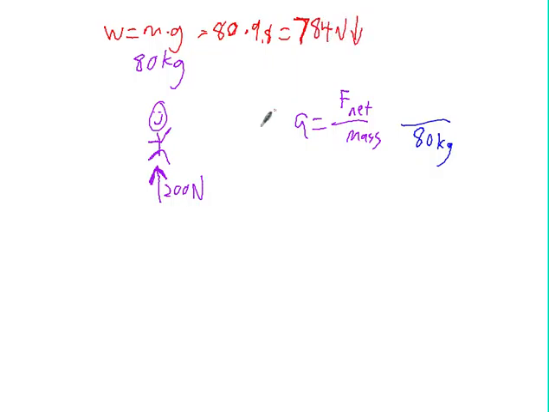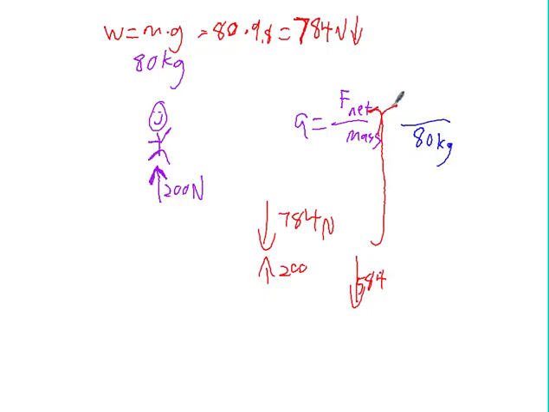So 784 newtons down plus 200 up equals 584 down, and that's what goes there. 584 divided by 80 equals 7.3 meters per second squared.